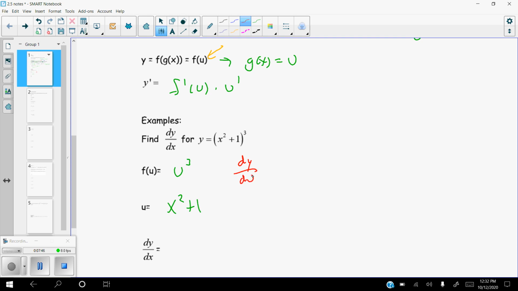Remember, f of something is the same as y. So you could call this y equals. So the derivative of y with respect to u, that's pretty simple. That is just 3u squared using the power rule. Then I have to take the derivative of du over dx, which is the derivative of the u function with respect to x. So that's just going to be 2x.